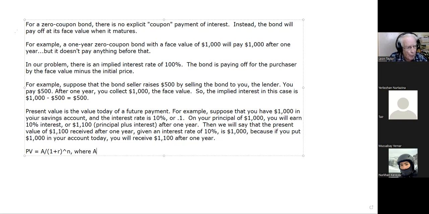The A in our example is 1,100, R is the interest rate of 10%. Then n is the number of years over which you are accumulating money in your account.